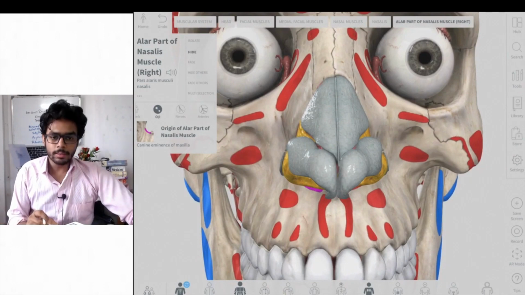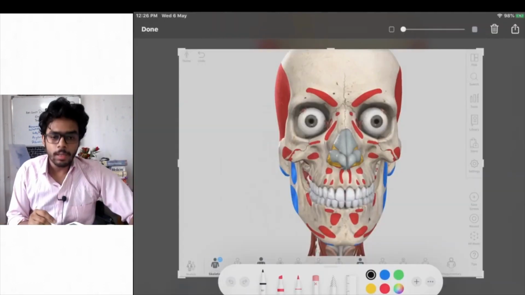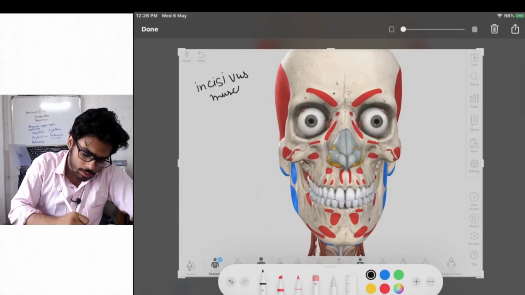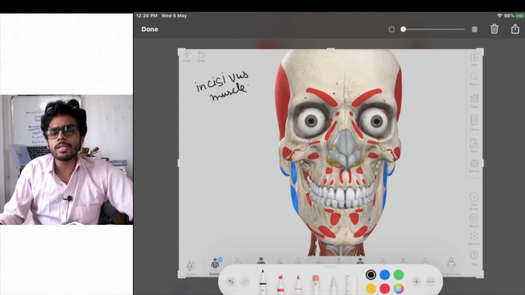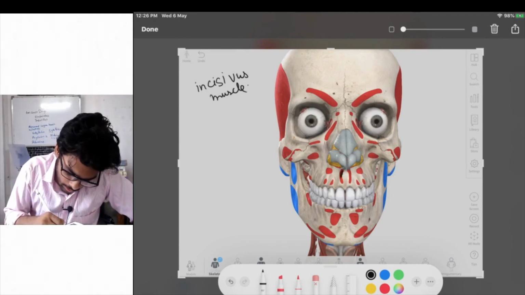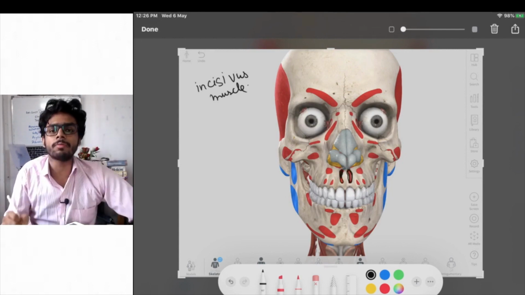Now we have some other muscles, like the incisivus muscle. Let me show you this muscle here. The name of the muscle is incisivus, and it arises from the area just below the depressor septi. This is the origin of the depressor septi muscle, and it also helps in flaring of the nose and slight movement of the lips.